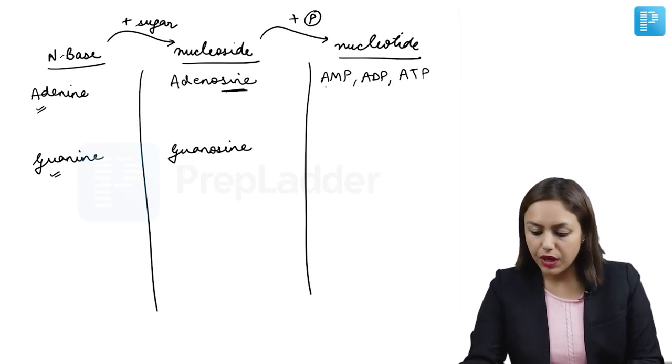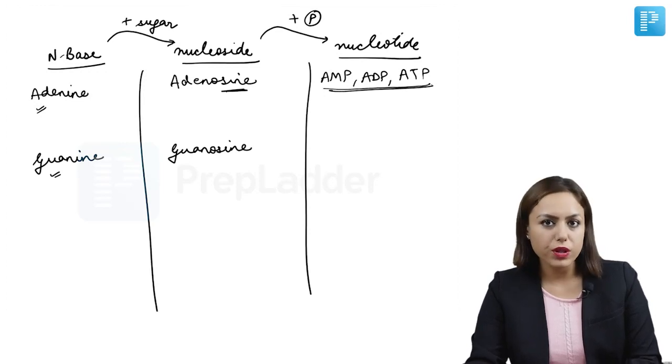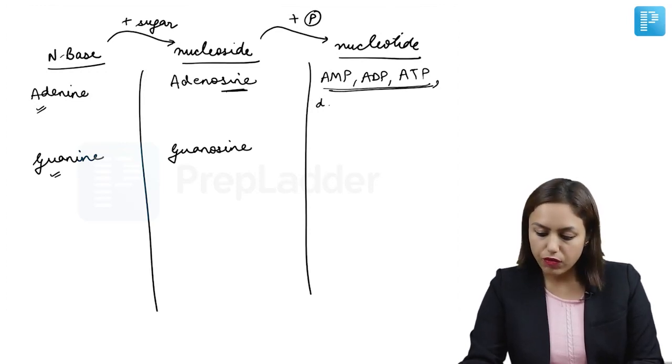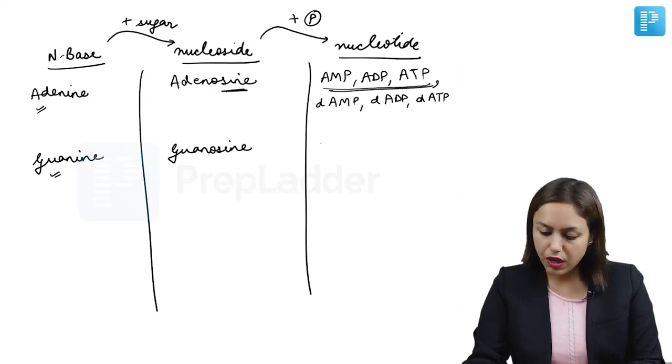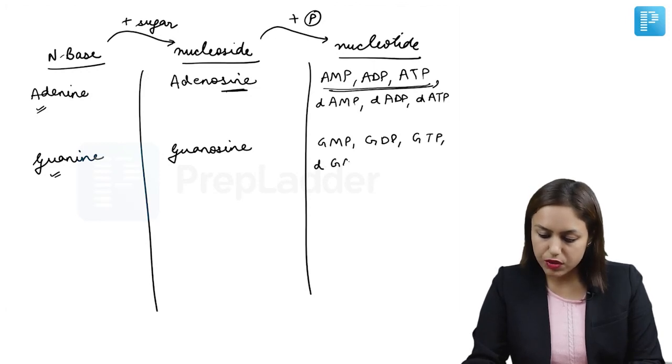AMP, ADP and ATP have ribose sugar in them. Now we also have deoxy AMP, deoxy ADP, deoxy ATP in the cells, right? Similarly, we have GMP, GDP, GTP and deoxy forms: deoxy GMP, deoxy GDP, deoxy GTP.